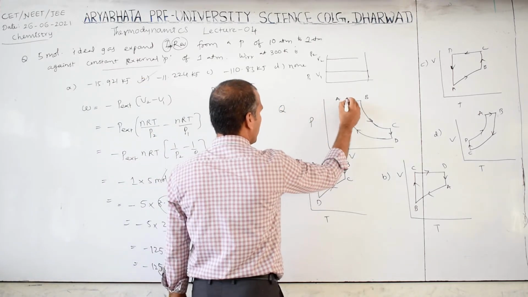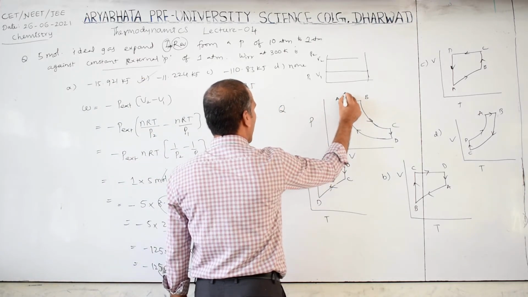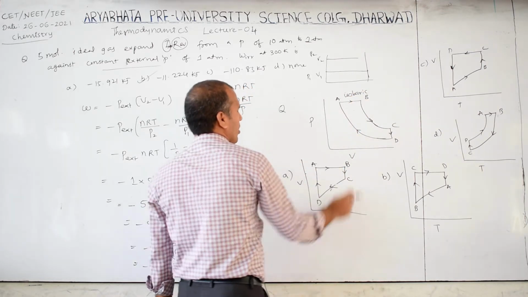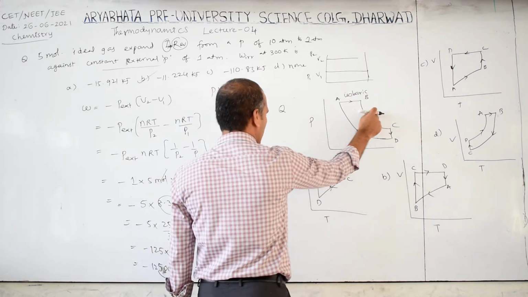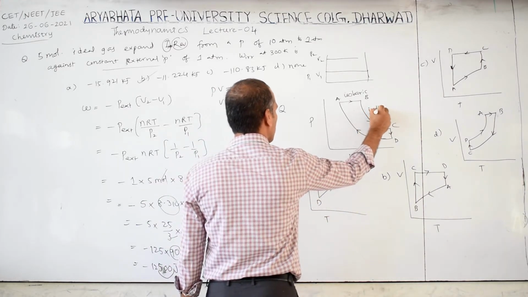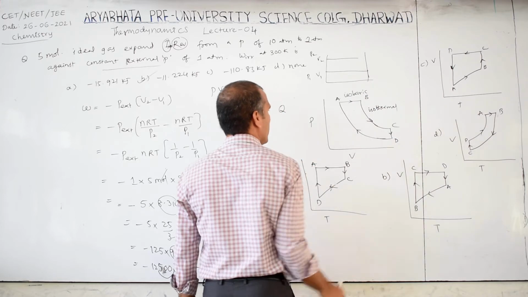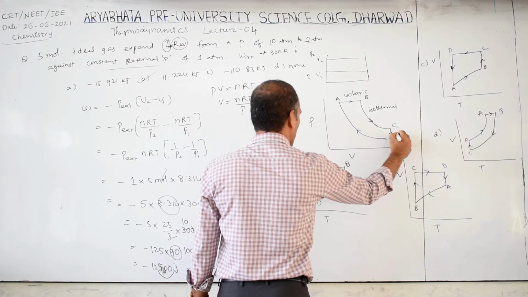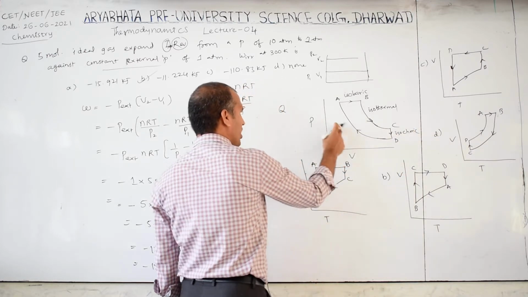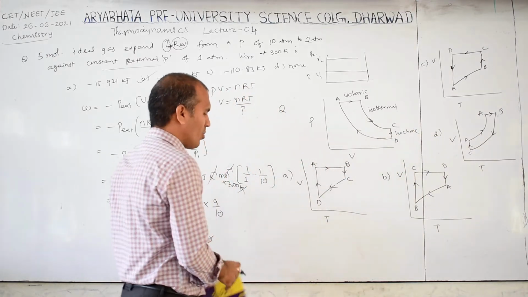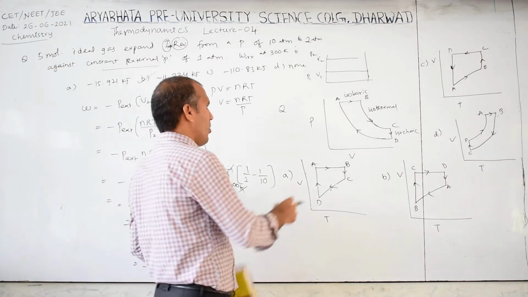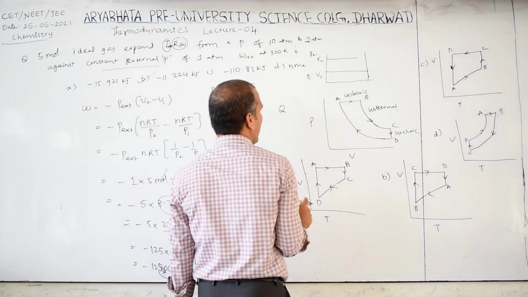This is pressure constant, isobaric. This is isothermal, okay. This is which one? Isochoric. This is again which one? Isothermal type consider, adiabatic type consider, no problem. If it is the upper line, isothermal; the lower is adiabatic type.